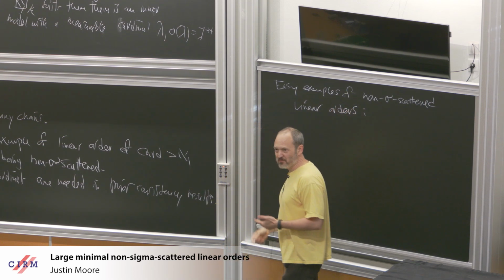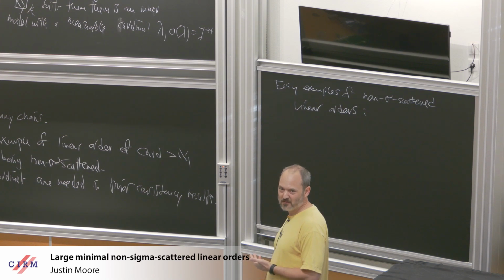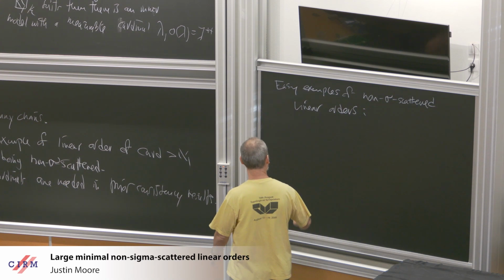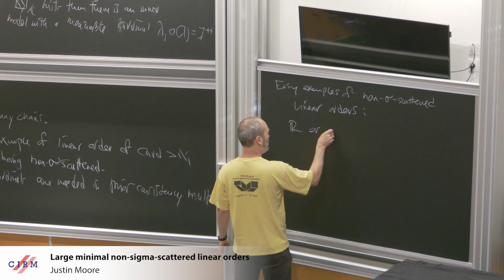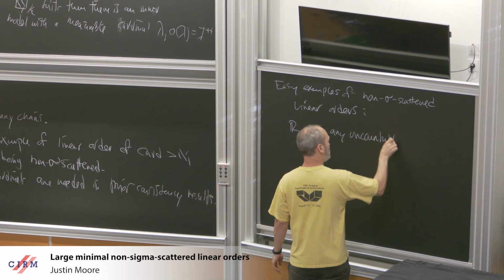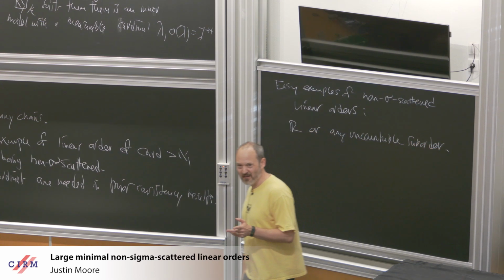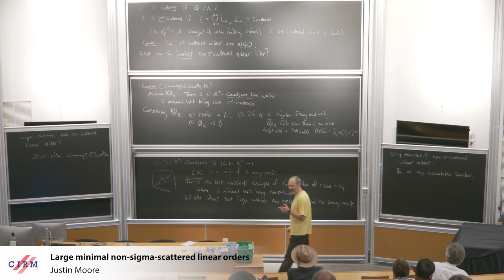Okay, audience participation. What's the easiest example of a non-sigma scattered linear order? The reals. Okay, so R, or any uncountable suborder, right? Can you justify that? Why is this true?